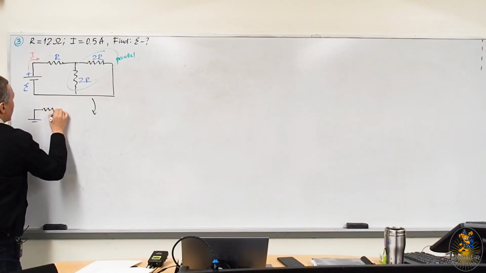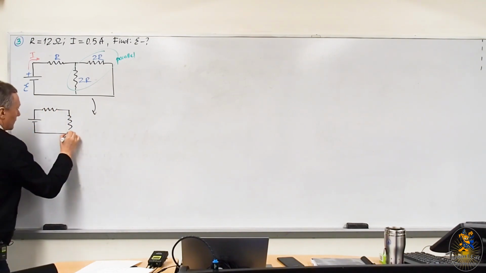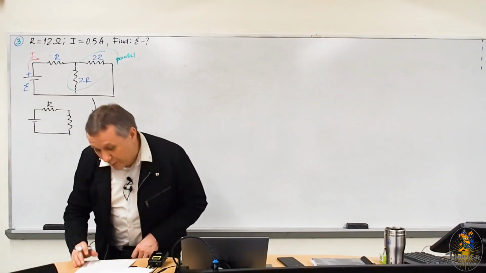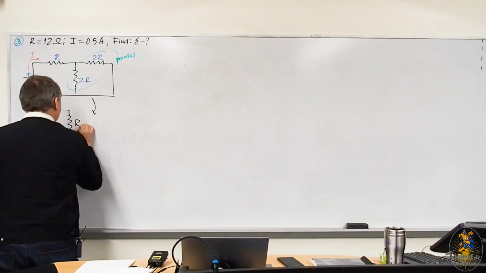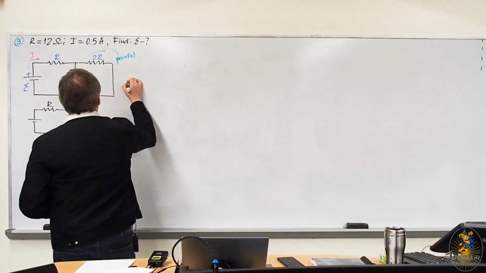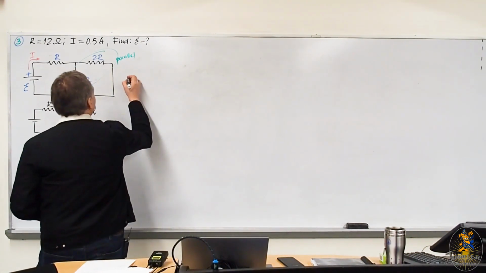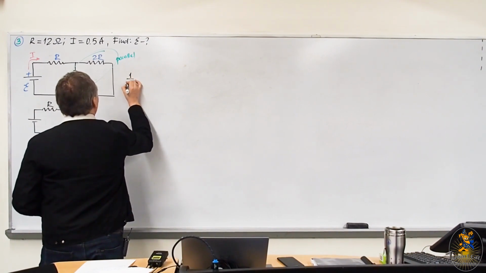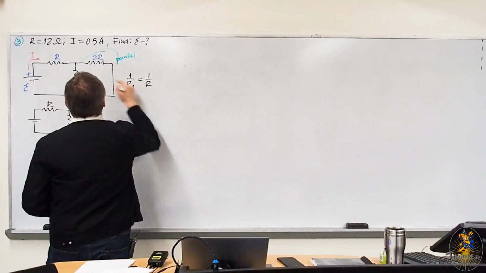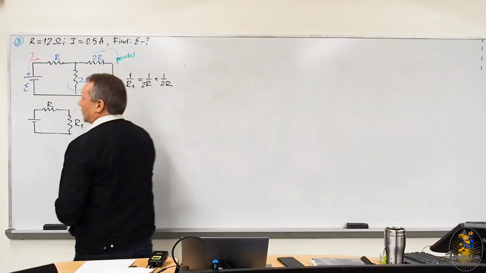This stays the same, and now we will have this equivalent resistor, call it R1. For resistors in parallel, we need to use the reciprocals. So 1 over R1 equals 1 over 2R plus 1 over 2R.